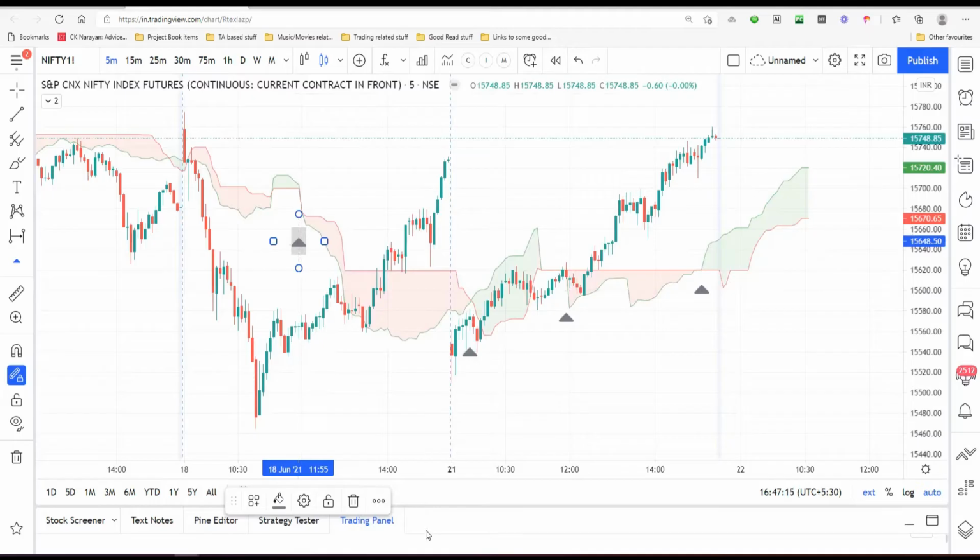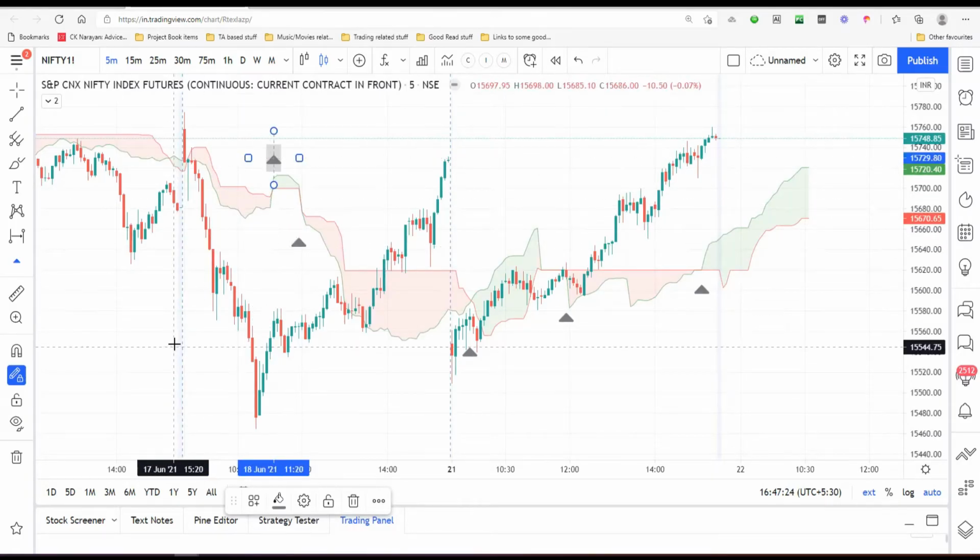So wherever there is a flip in the color, you can think of it as a Kumo twist, to the upside here and to the downside here.